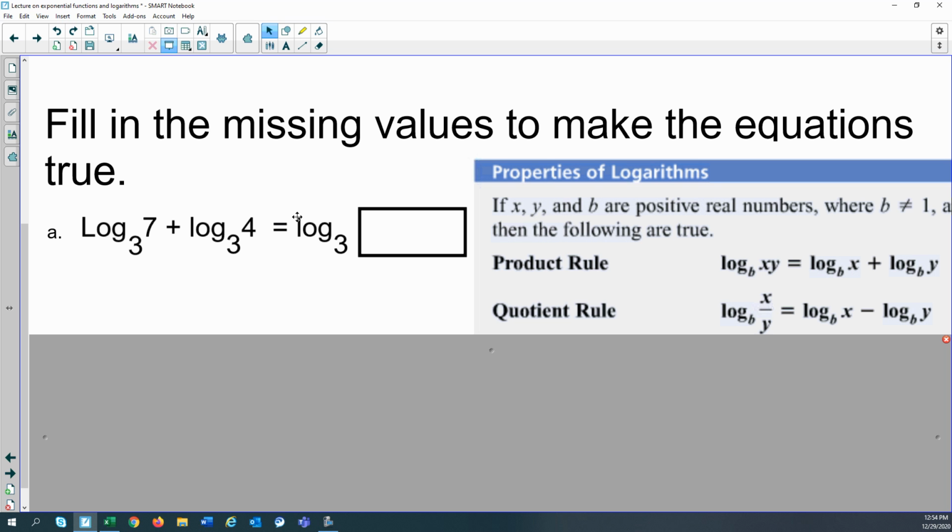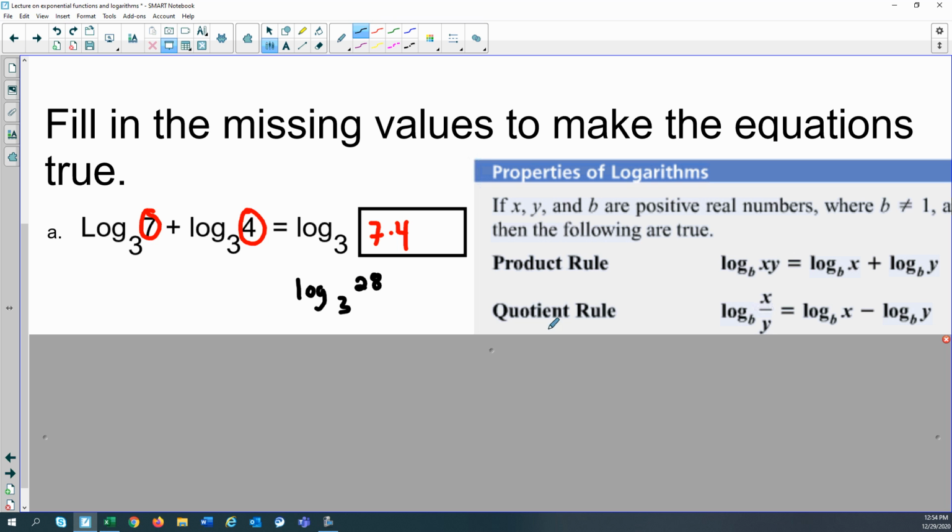So when I condense this down to just log base 3, it's 7 times 4, or that just gives us log base 3 of 28. So the missing value that we're looking for here is 28 to make those two equivalent.